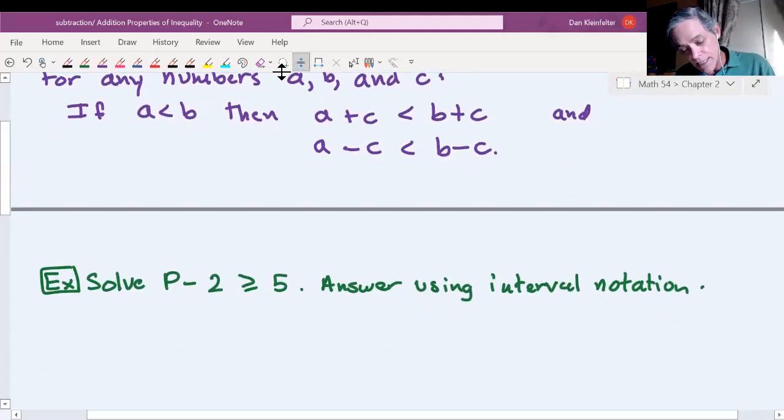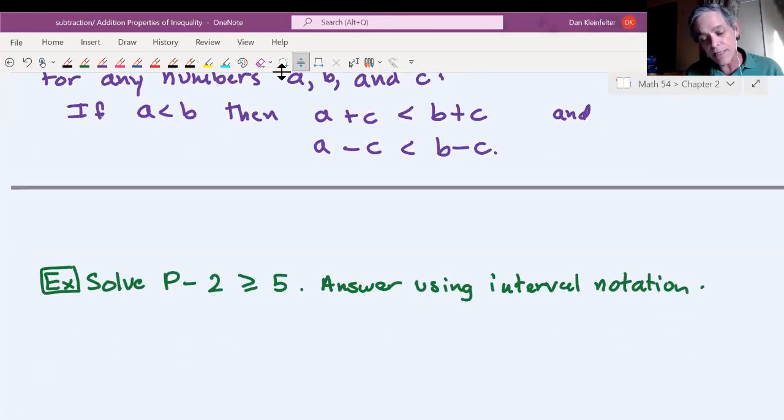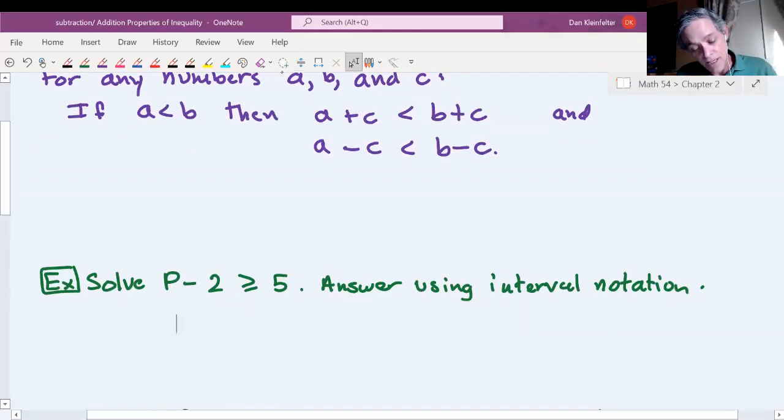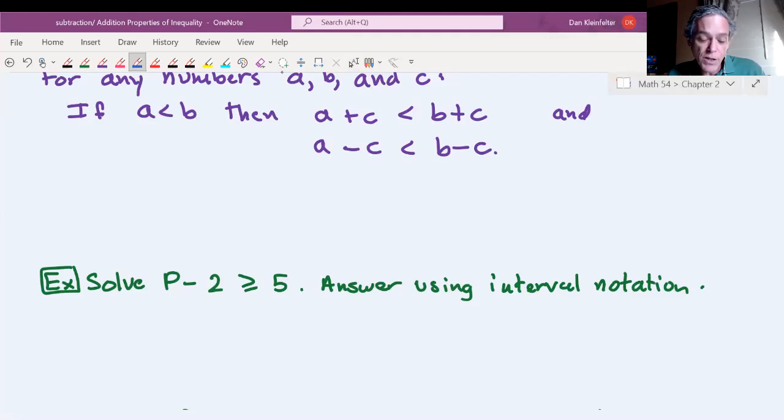For this first one, it says solve p minus 2 is greater than or equal to 5. So we want to answer using interval notation. So if p minus 2 is greater than or equal to 5, we're going to add 2 to both sides.